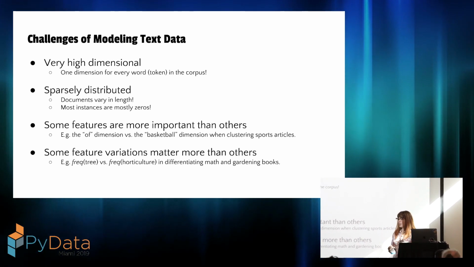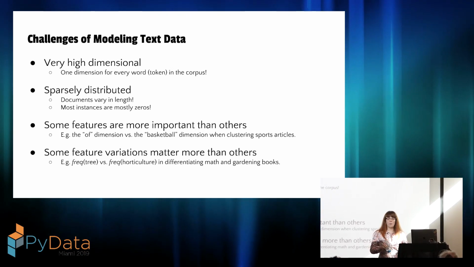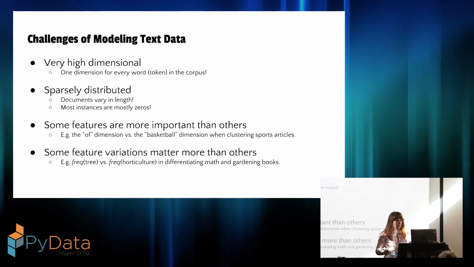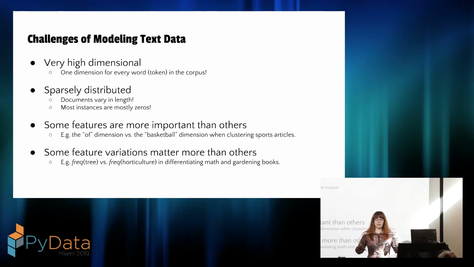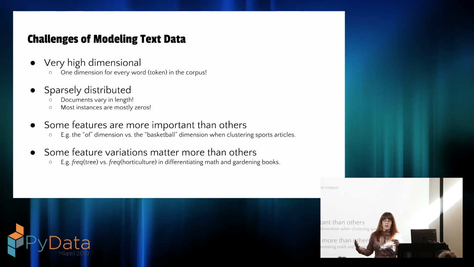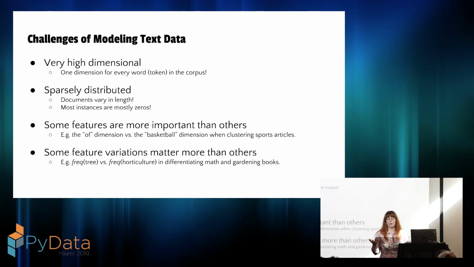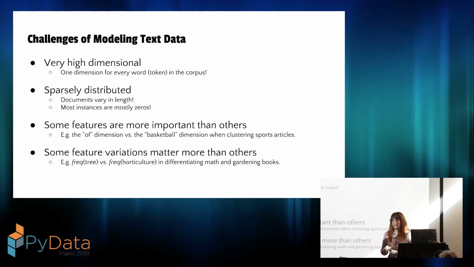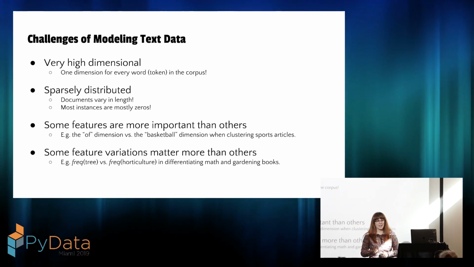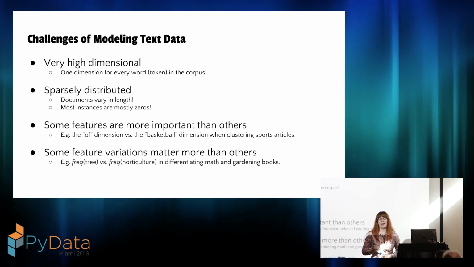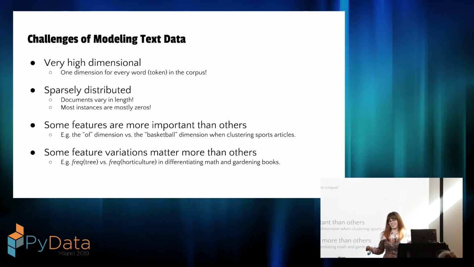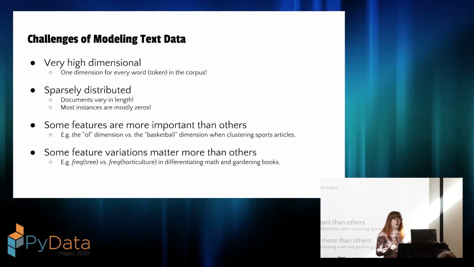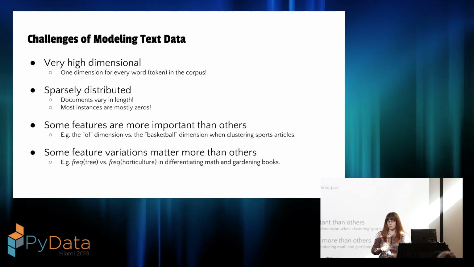So some of the features are going to be a lot more important to us. The example here is, let's say we're trying to cluster sports articles in a corpus of documents about hobbies. The "of" dimension is not as important as the basketball dimension, but they both get a dimension. So that's tricky. And then some feature variations are going to be more important.